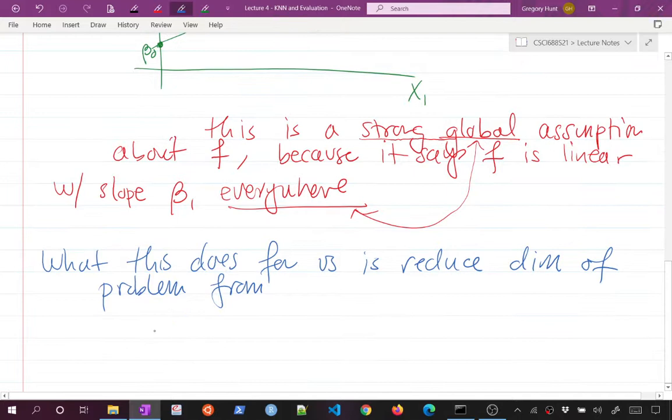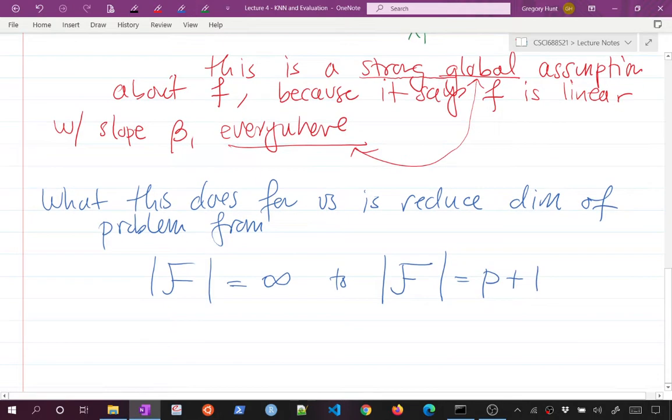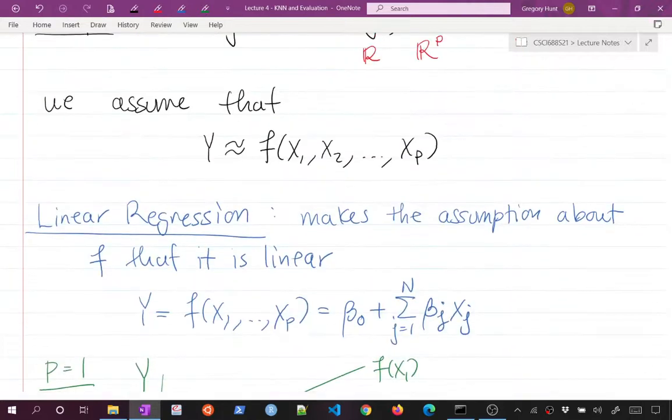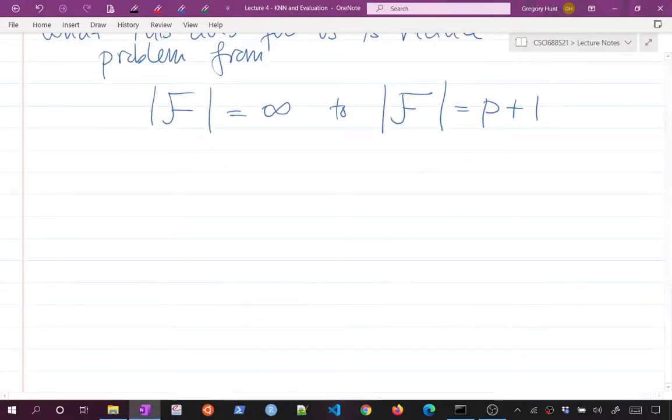If you recall back to that first lecture, I'd use maybe a script f for the set of all possible functions. It reduces it from f being an infinite dimensional space to the search space of possible f's, in this case having p plus 1 dimensions. P plus 1 because we have an intercept beta naught. So to contrast with linear regression, we're going to talk about KNN regression.